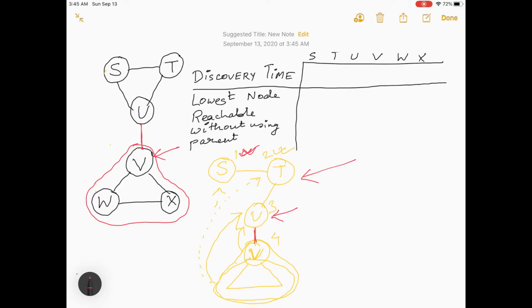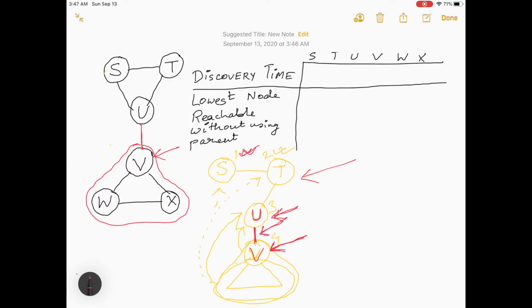So we know that we reached V directly from U. U is the parent of V, and that is exactly why we will be backtracking from V to U. So while we are at V and computing the earliest discovered node reachable from V, we should not use the edge that connects the current node, which is V here, to its parent, and the parent here is U. We need to keep this in mind while implementing the algorithm.